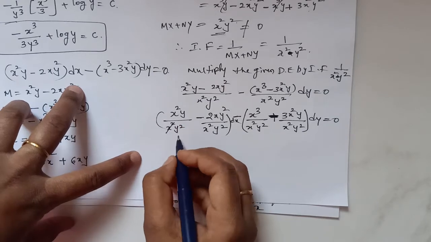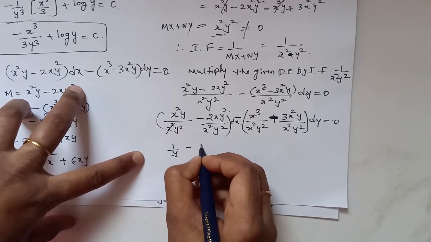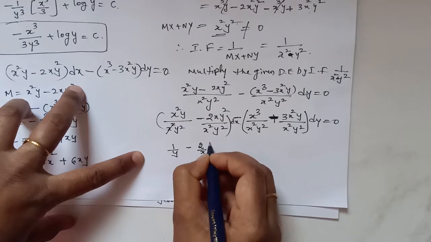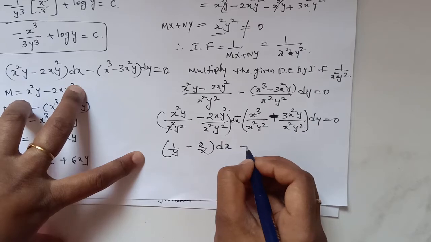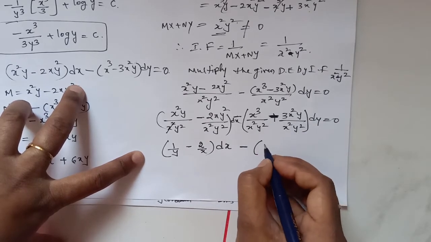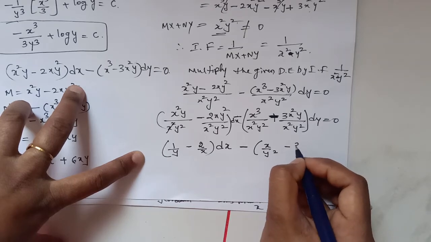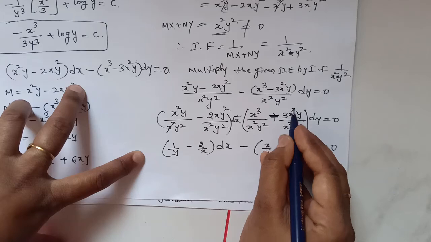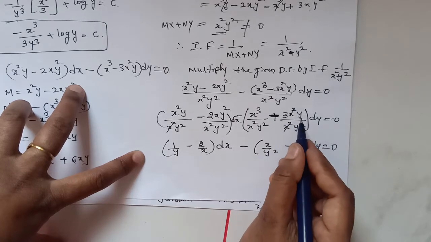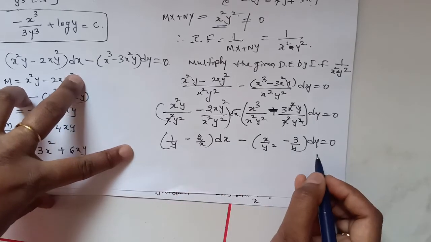Now x square cancels, y cancels: 1 by y minus 2 by x into dx minus of x by y square minus 3 by y into dy is equal to 0. In this term x square cancels, y cancels, you get y. Okay, on simplification we get this.